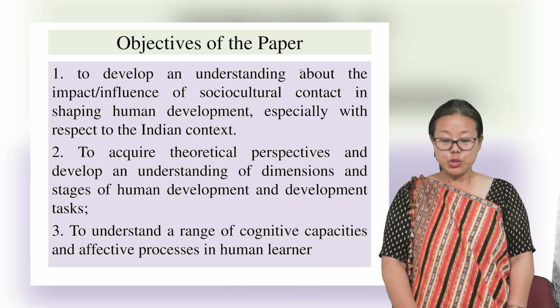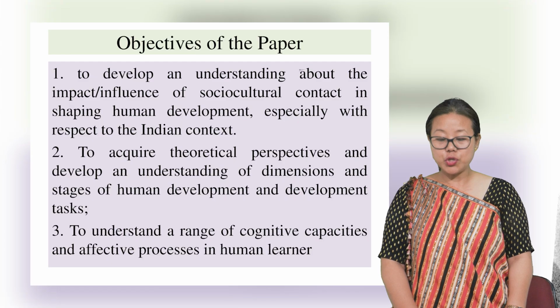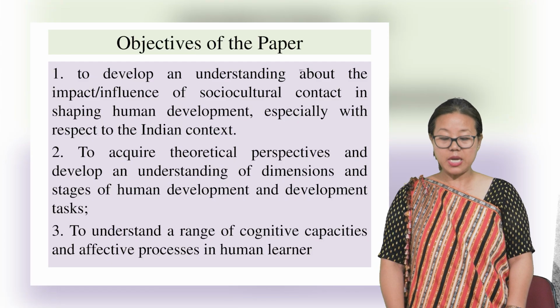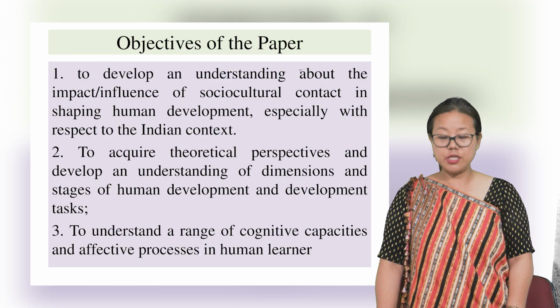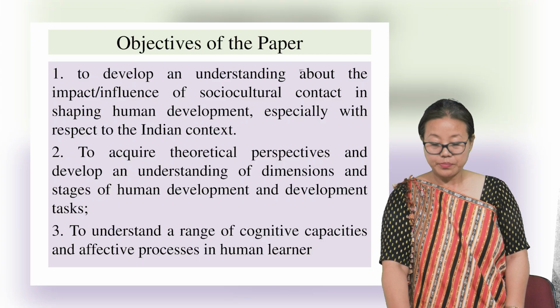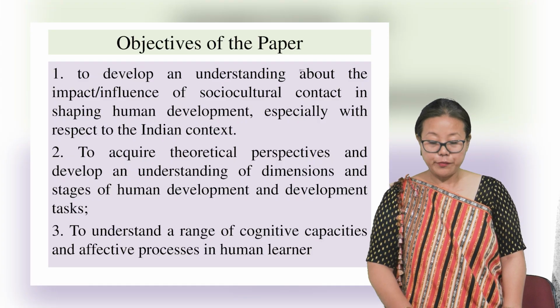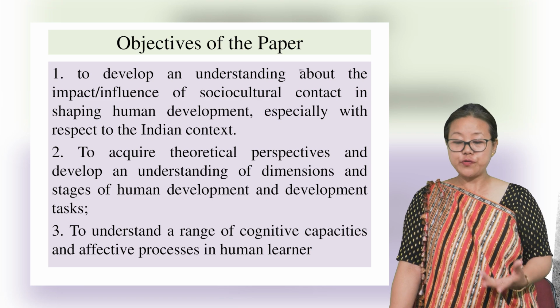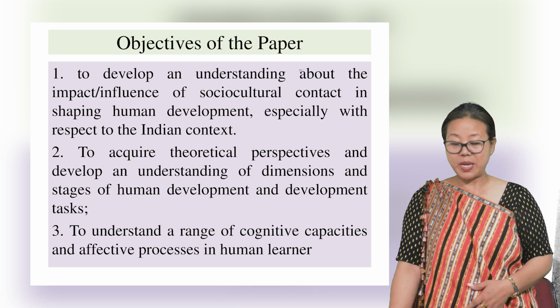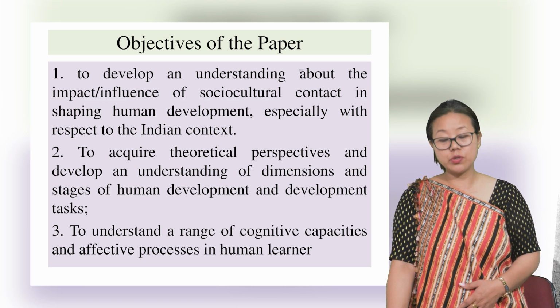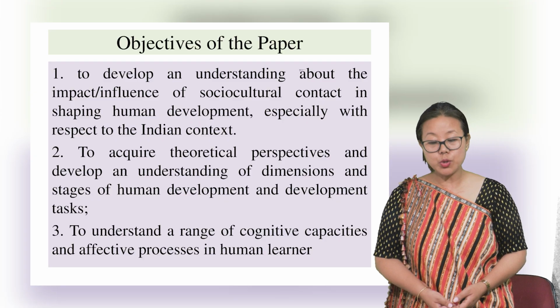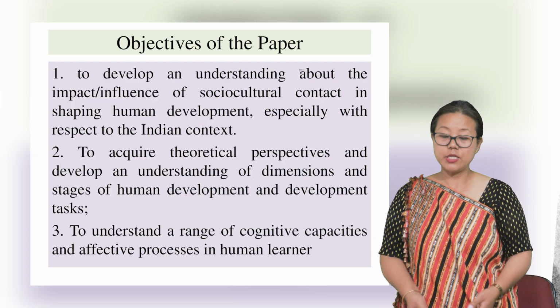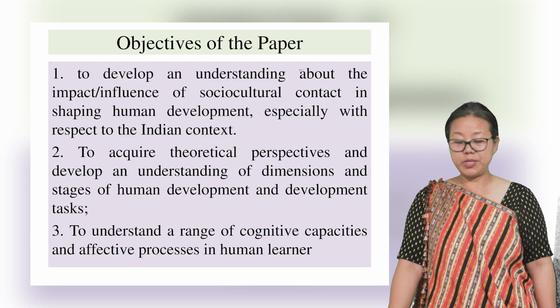Number 3, to understand a range of cognitive capacities and affective processes in the human learner. Number 4 is to gain an understanding of different theoretical perspectives on learning with a focus on cognitive views of learning as well as social constructivist theories.